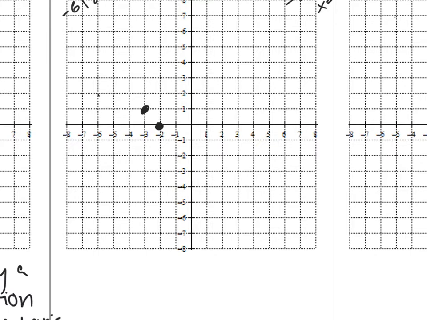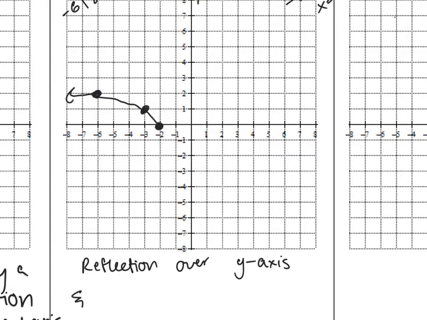So -6, +2. All right. So with that being said, we had a reflection over the y-axis because the negative sign is where? Inside of the square root, okay? And we shifted 2 units to the left.